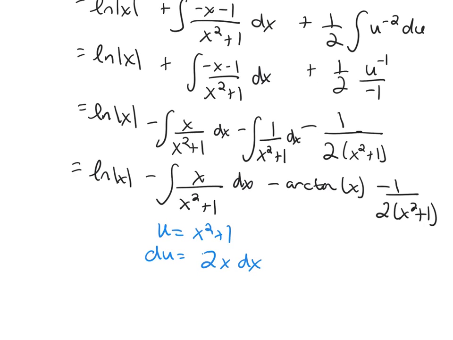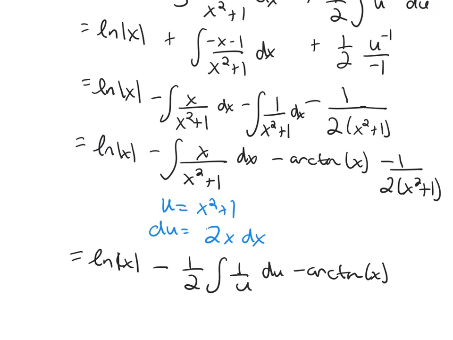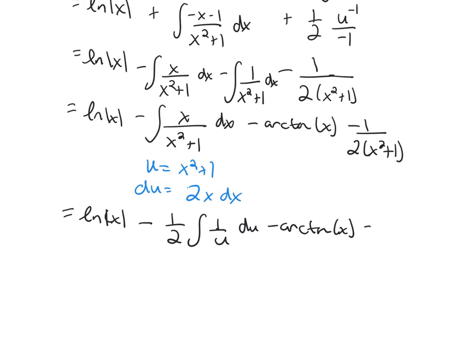So I'm getting ln of the absolute value of x, minus, this will become 1/2 the integral of 1 over u du, minus arctan of x, minus 1 over 2 times x squared plus 1. And now the integral of 1 over u is ln of u, and that's where that term is popping up, okay?